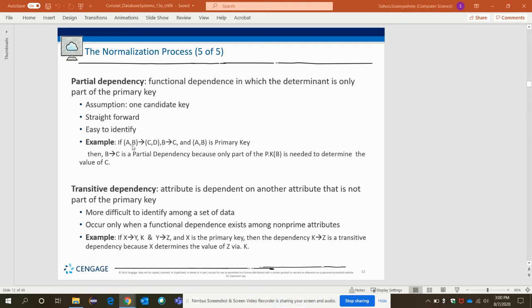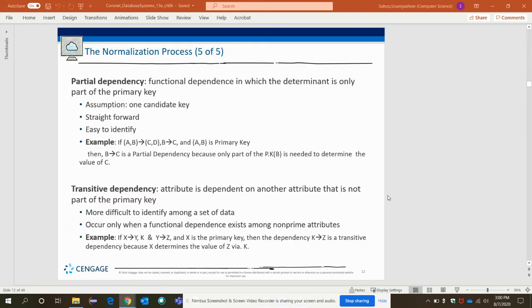Among AB tends to CD and B tends to C, which one satisfies the criteria? That is B tends to C, because B is a part of the primary key, and that part of the primary key is able to identify the values associated with the attribute C. So this is our partial dependency.